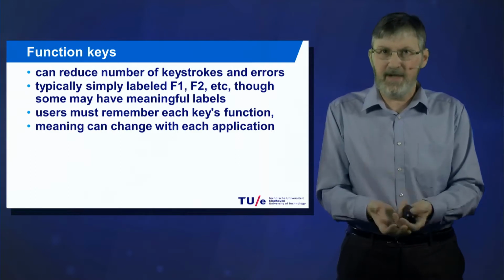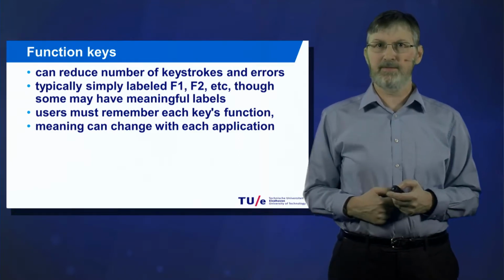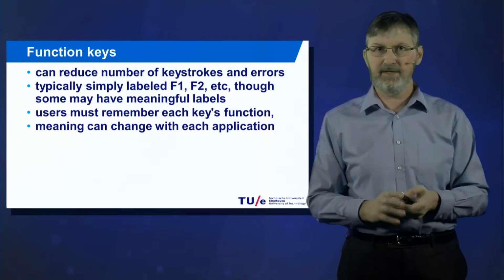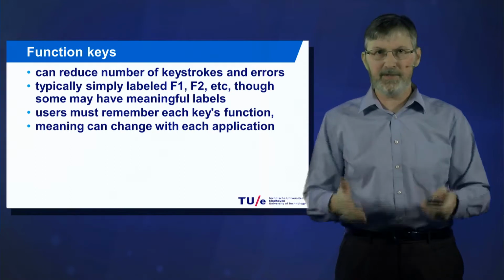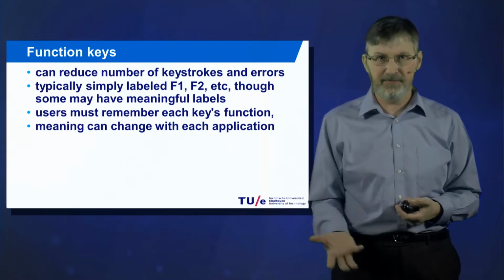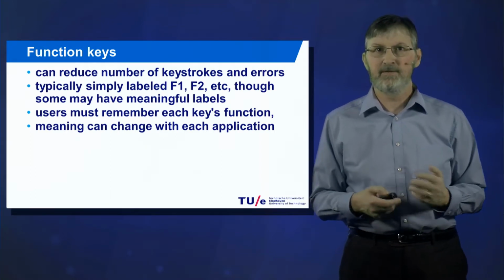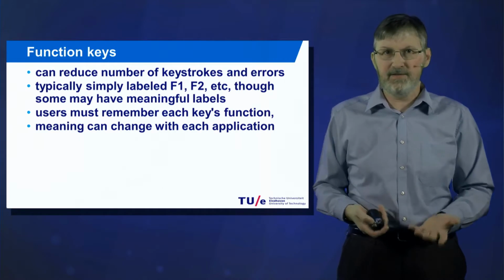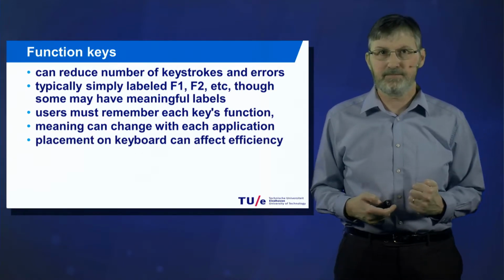It's quite annoying. I use, for instance, PowerPoint on a Macintosh and on a PC. And even simple operations like start a slideshow require different keystrokes on one platform versus the other. So for all these function keys, you have to remember which has which function.